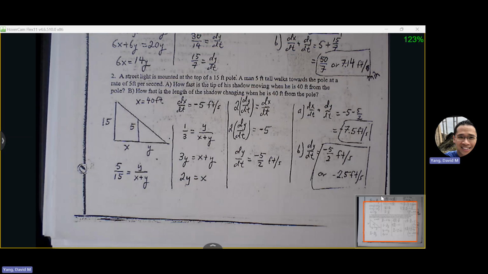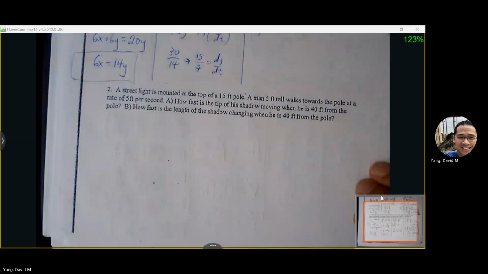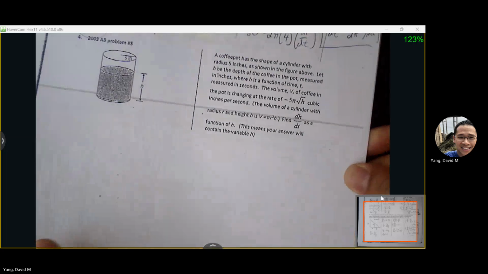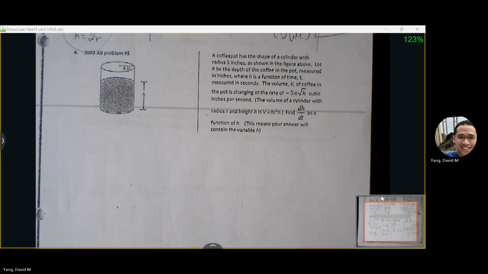Well, as the person is walking towards the lamppost, his shadow is going to be decreasing. Yeah. So the further he walks away, the longer that shadow length is going to be. Are we okay with shadow problems?